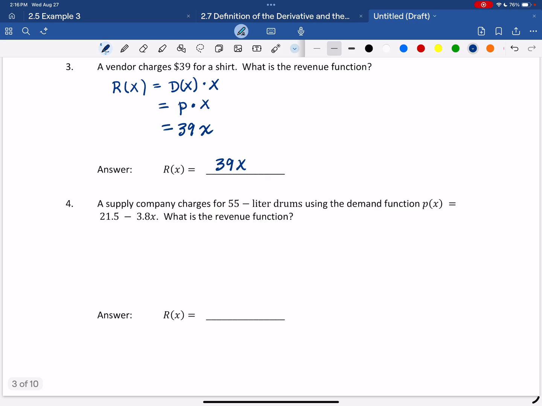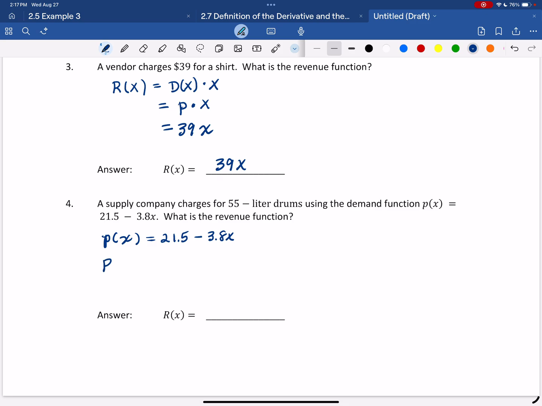Number 4, a supply company charges for 55-liter drums using the demand function P of X is 21.5 minus 3.8X. Well, in this case, our price is changing based on the number of units, because they give us P of X is 21.5 minus 3.8X.